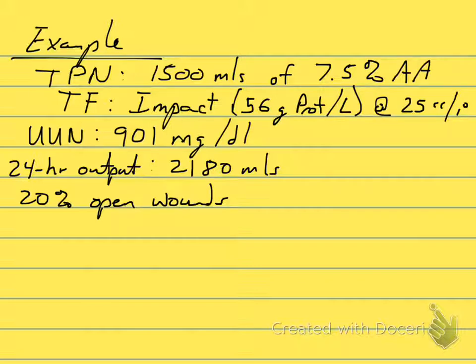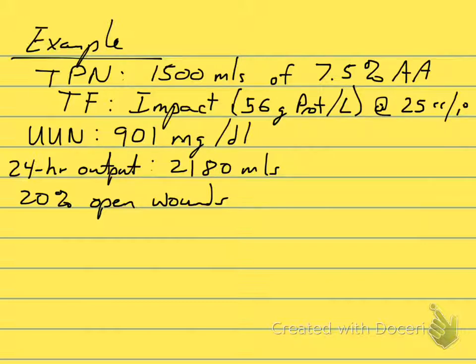They're also getting a tube feeding, and you can see that this rate, Impact, which is 56 grams of protein per liter, is only running at 25 cc's per hour. So this rate is basically just a little more than a trickle rate, just to keep the gut active and to prevent bacterial translocation. So we've got two different sources of nitrogen coming in, TPN and tube feeding.